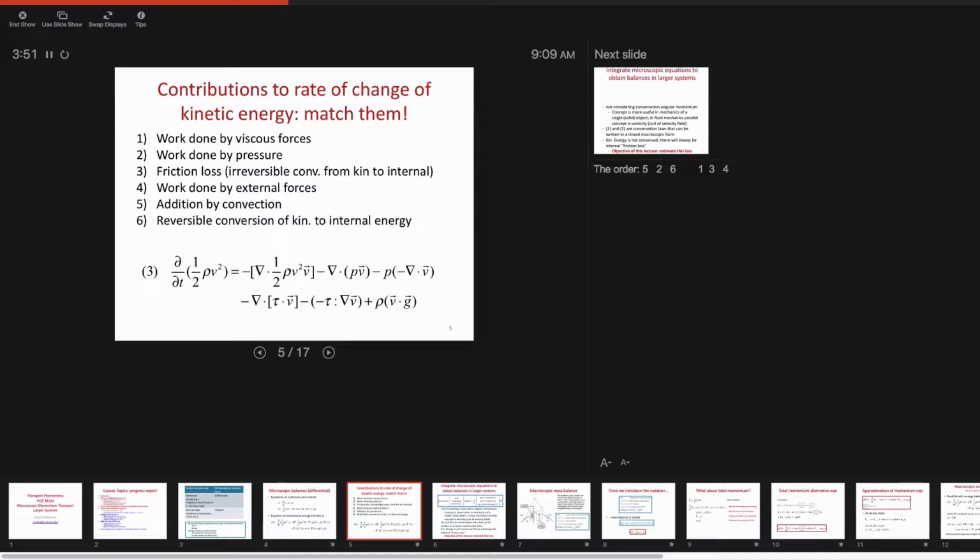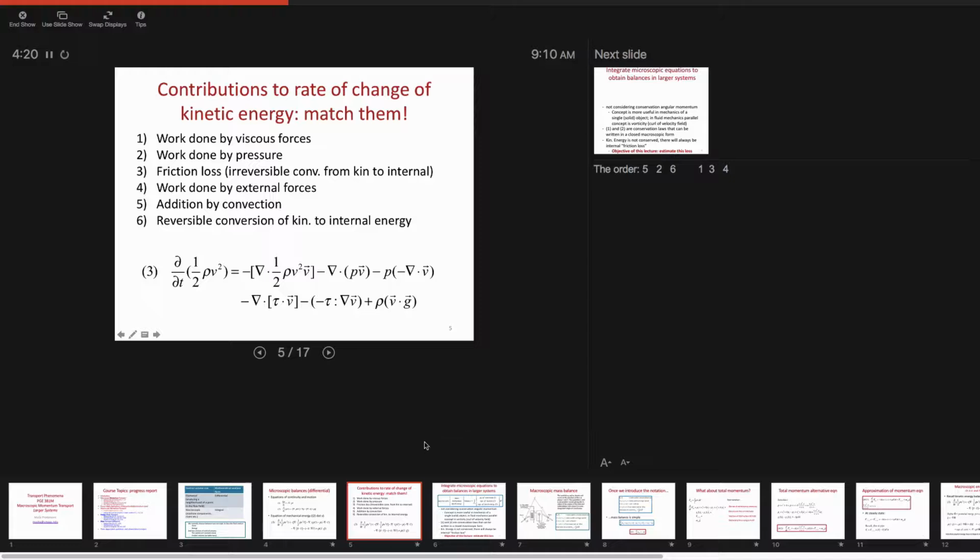Okay. So the change of this is kinetic energy. Then where is the work done by viscous forces? Must be something with tau. Related to the viscous forces, we also have friction loss, which is right here. And this operator, this is a tensor or a matrix, and this is a tensor or a matrix.